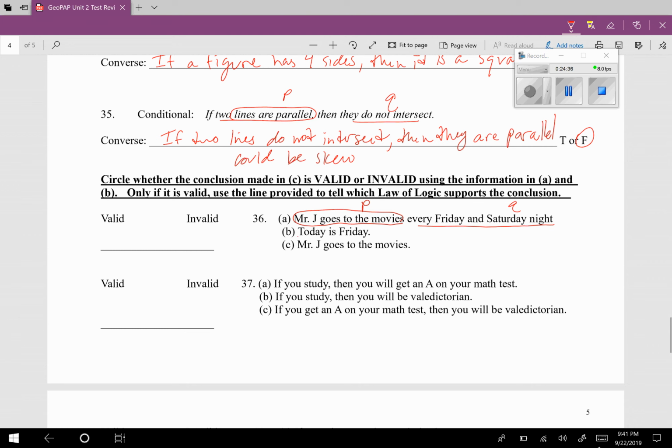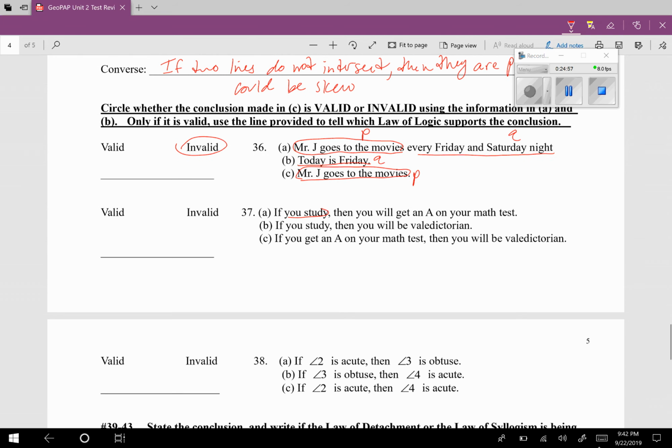Today is Friday, so that's Q. Mr. J goes to the movies. That's P. So let's see here. It went P then Q, Q then P. Does that follow the correct order? No, so it is therefore invalid.